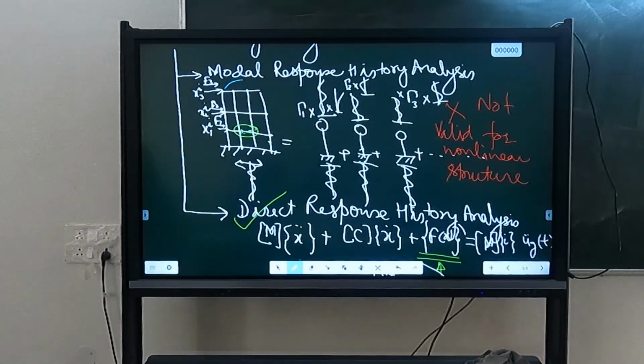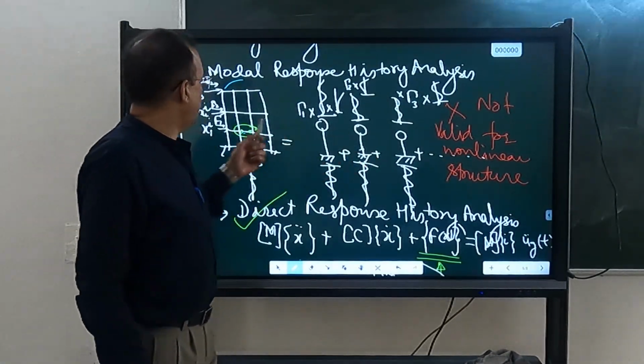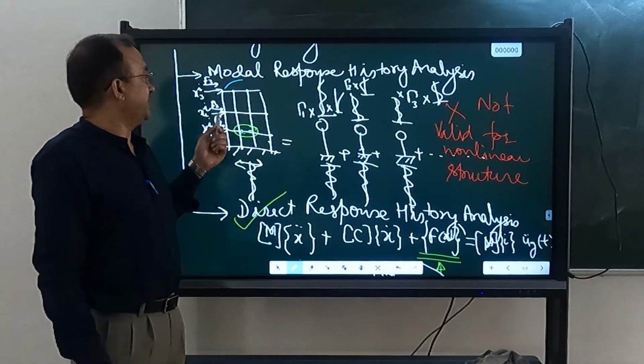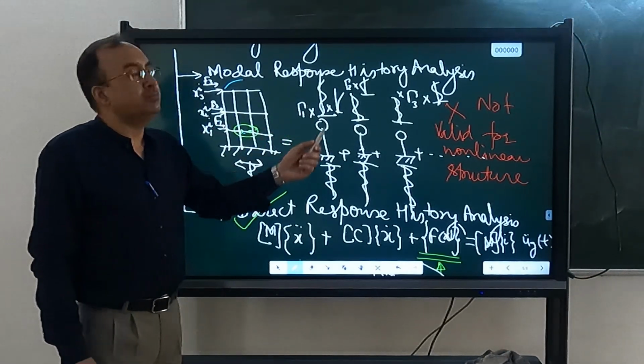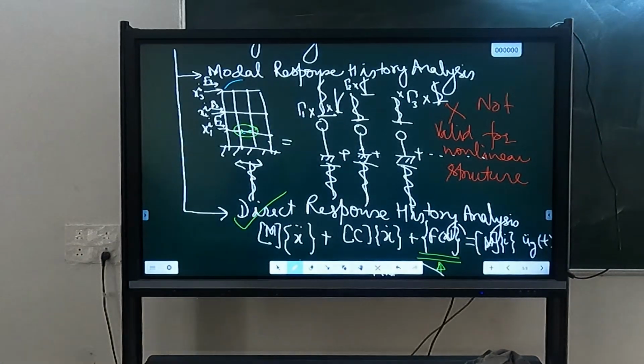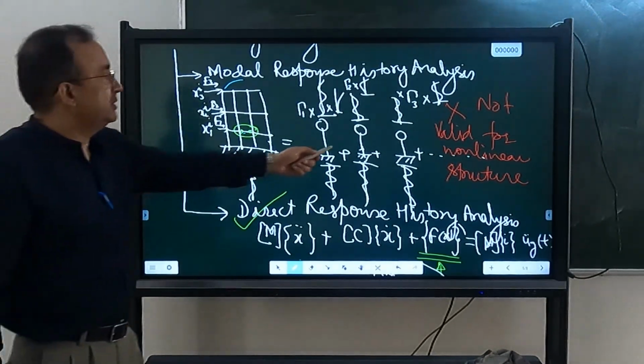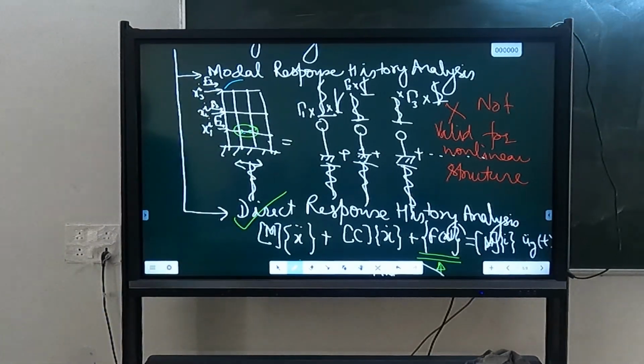And theoretically, if I want to get the exact result, I have to solve as many single degree freedom systems as the degrees of freedom. We need not to solve all. Okay. We can solve only those which are giving us close to 90-95% contribution. If I solve only those single degree freedom systems, I can get the reasonably accurate answer. Okay. And that will be much easier.